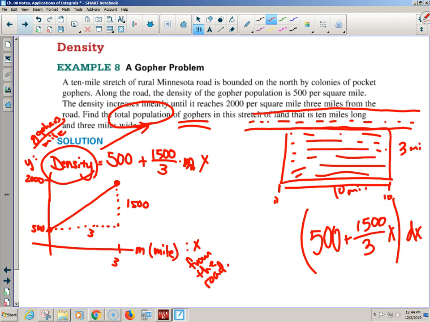Does 0 to 10 help me with that? 0 to 3, right? I was going from 0. So how does the 10 play in? X is how far from the road. How far from the road is from 0, right up against the road, to 3 miles away from the road. So how do you do the 10?